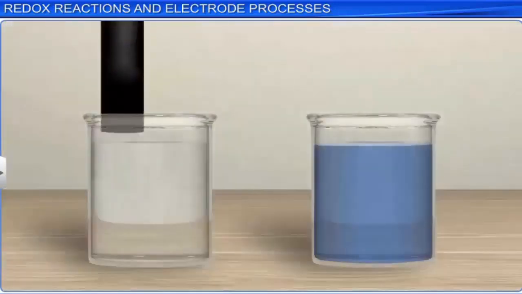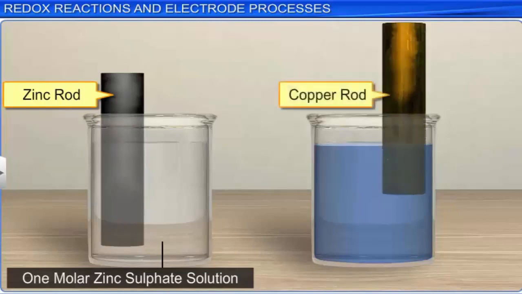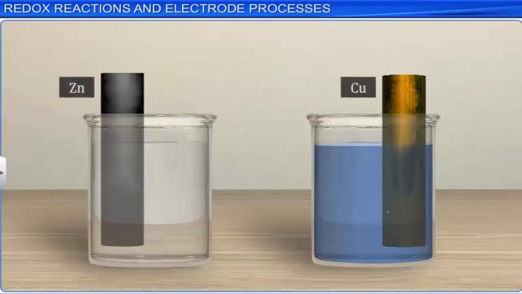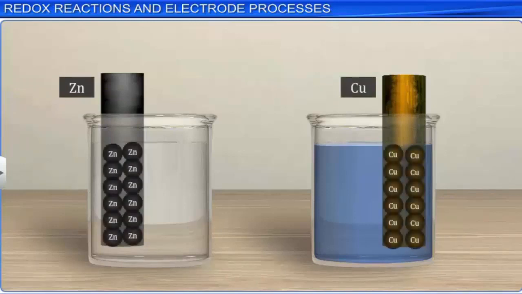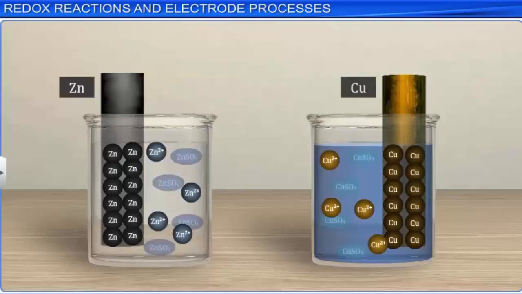We place the zinc rod in 1 molar zinc sulfate solution. Then, we place the copper rod in 1 molar copper sulfate solution. In each beaker, the reaction takes place at the interface between the metal and its salt solution, and both the oxidized and reduced forms of the same species are present.